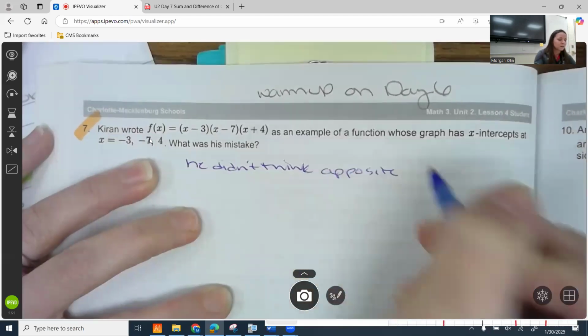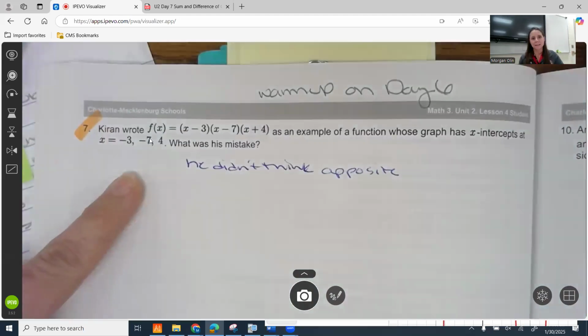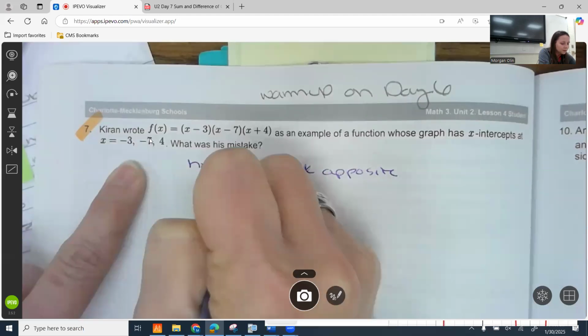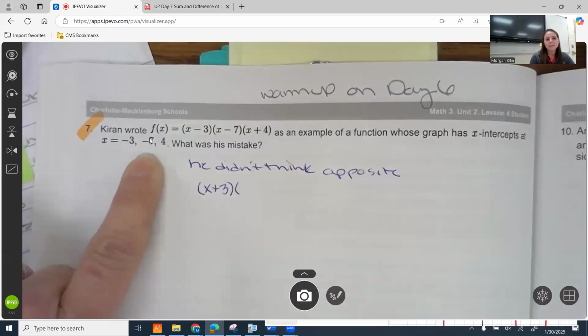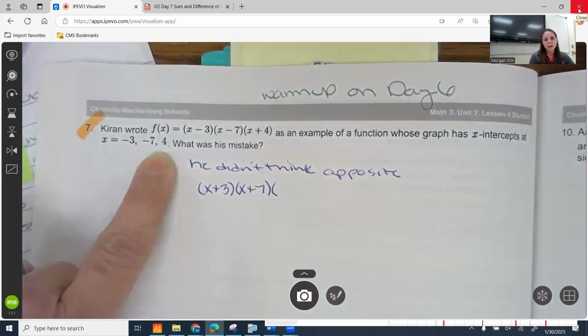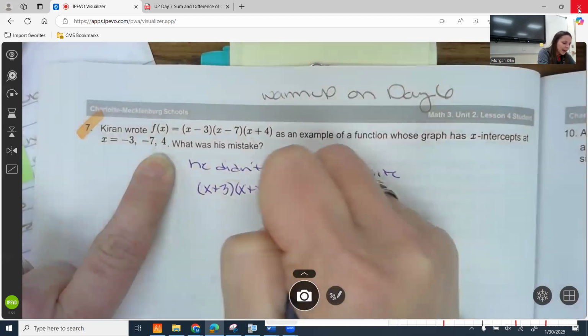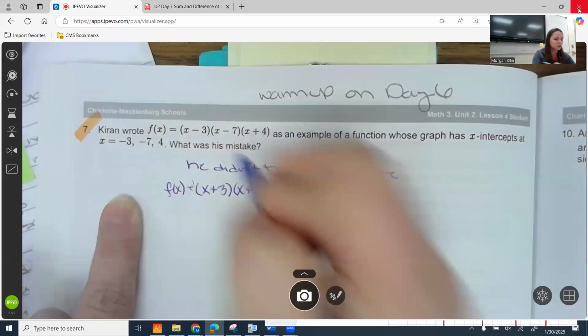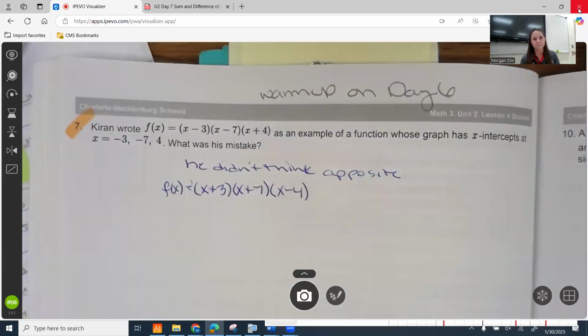What he's got to do is, if you see -3 as a root, that's the x-intercept, then x plus 3 is a factor. If -7 is a root, x plus 7, the opposite, is a factor. And if 4 is a root or x-intercept, then x minus 4 is a factor. So this is the polynomial he should have written.